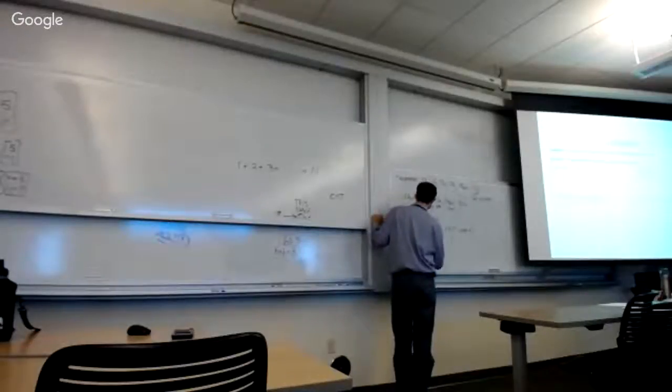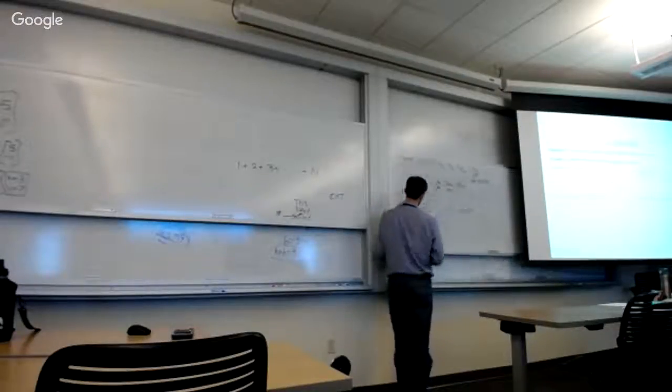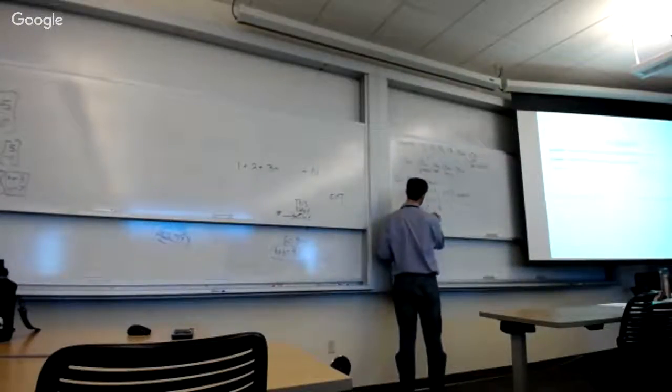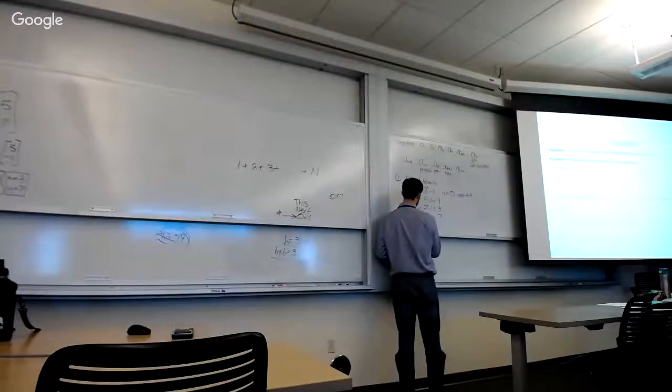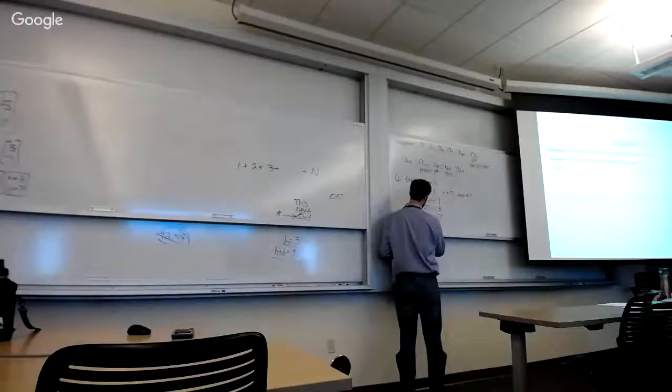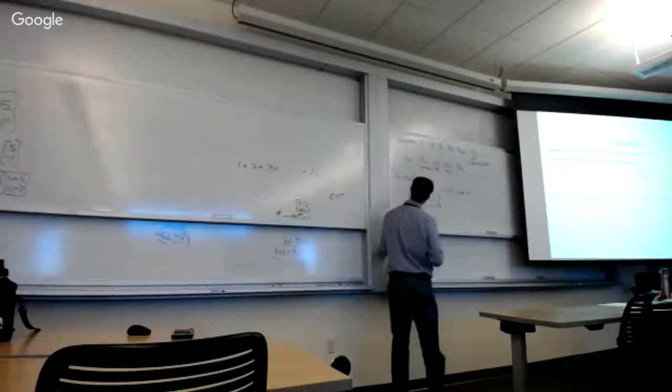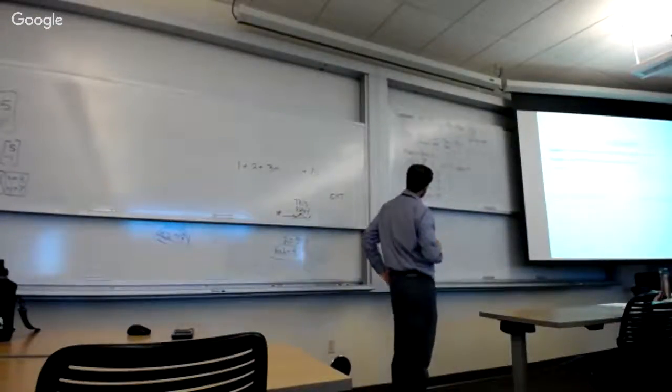So what's the second term? A sub 2, I let n equal 2. 2 squared minus 1, that's 4 minus 1, that's 3. A sub 3, I let n equal 3. So 2 cubed minus 1, that's 8 minus 1, which is 7. A sub 4, I let n equal 4. 2 to the 4 minus 1 is 16 minus 1, which is 15.